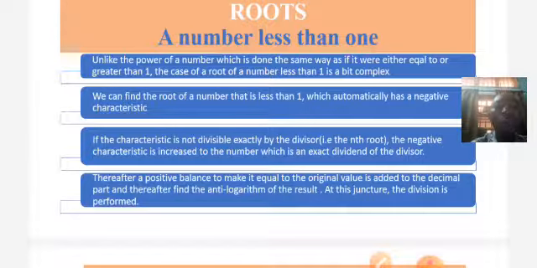Two, we can find the root of a number that is lesser than 1, which automatically has a negative characteristic. From our characteristics and mantissa class, we said when you are dealing with numbers that are lesser than 1, the characteristic always gives you a negative.